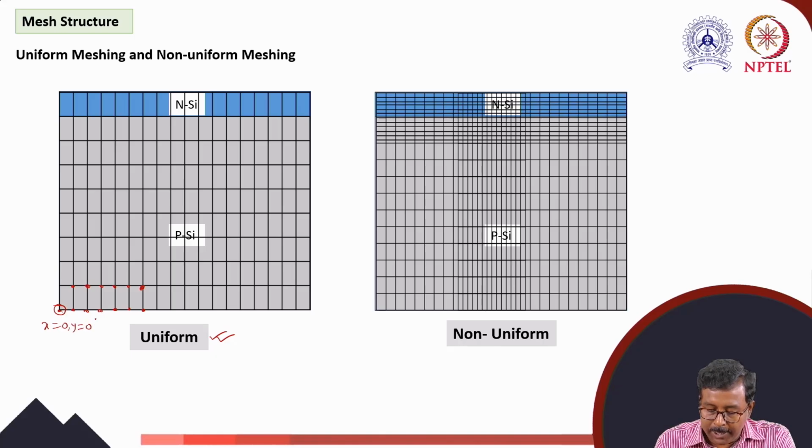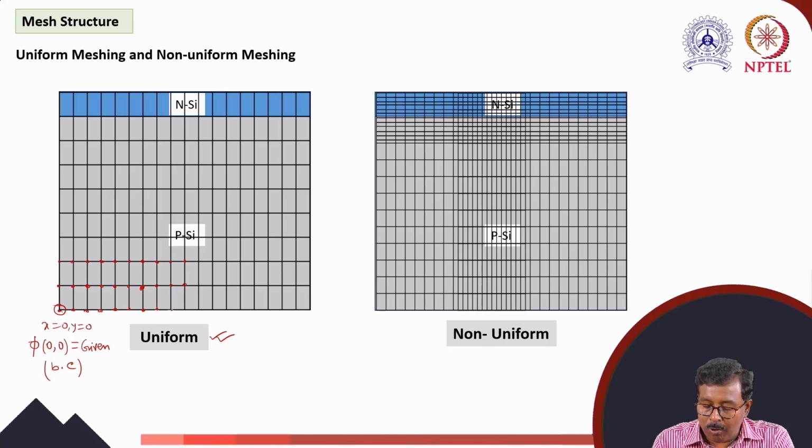At this point, some potential, say phi at (0, 0), is given. Then this is the boundary condition. That boundary condition also you have to maintain. At other nodes you have to calculate the potential, electric field, charge density, that is carrier density, that is N and P, all.